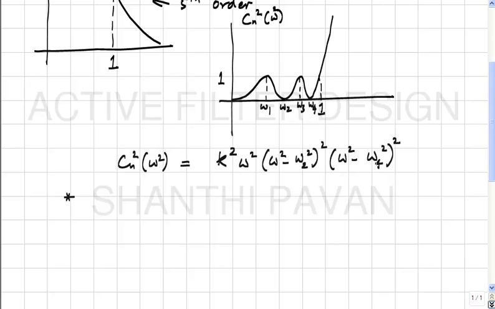One is that Cn square of omega square goes to 0 at omega 2, omega 4, and also minus omega 2 and minus omega 4.